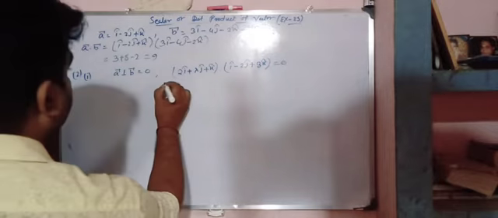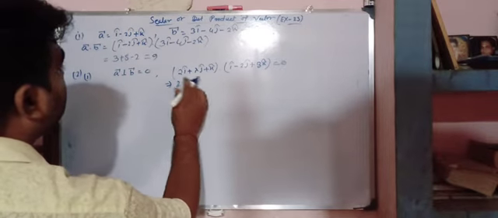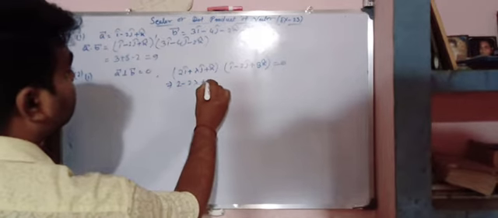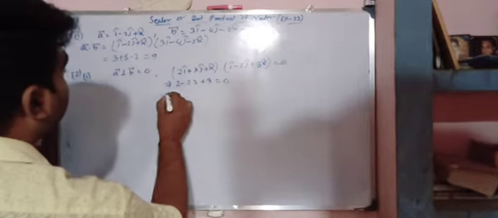Understood that? That's implying 2 minus 2 lambda plus 3 is equal to 0. That's implying 5 minus 2 lambda is equal to 0. That's implying lambda is equal to 5 by 2. Hope you are understanding that. Next, move to another question.